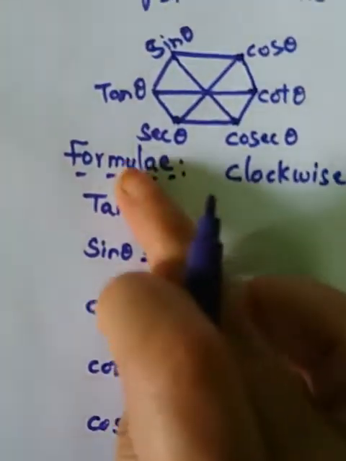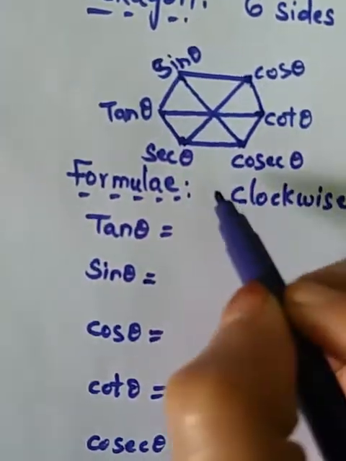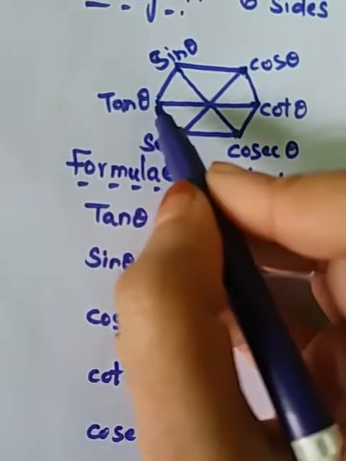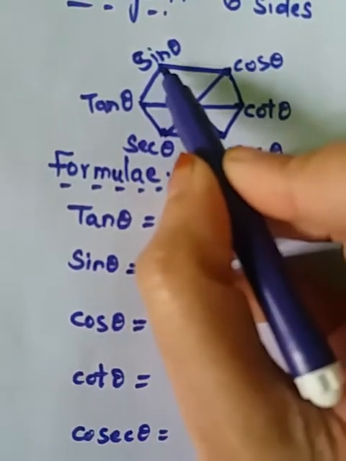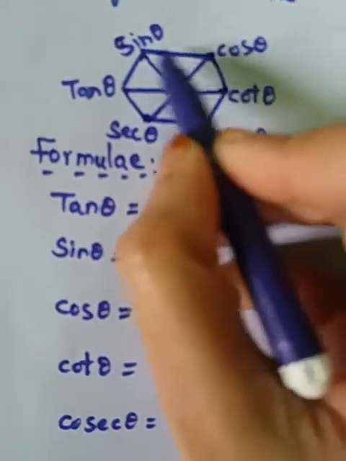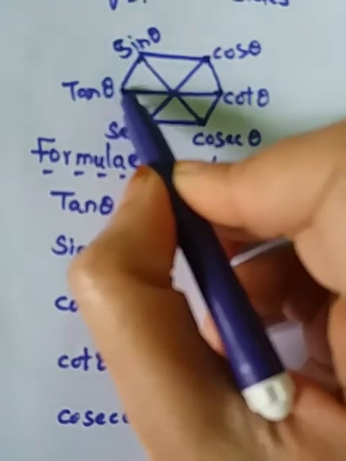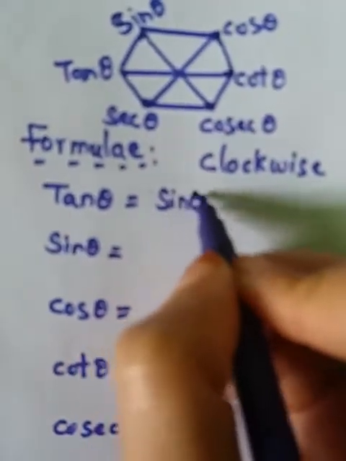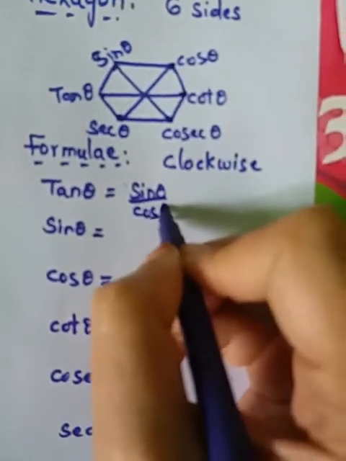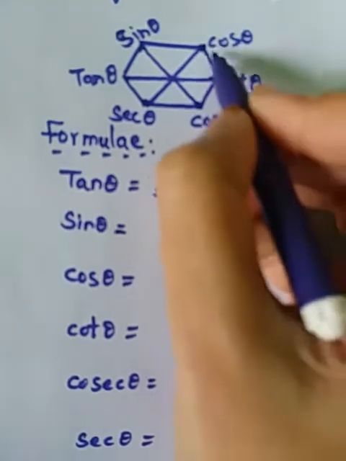Now the formula you have to remember is, you have to just go clockwise. Okay, let us start with the tan theta. Here tan theta, you have to start with the clockwise. Here the next two thetas you have to take. What is after tan theta here? Sin by cos. So sin theta by cos theta. Right? Next, after sin theta, what are the next two?